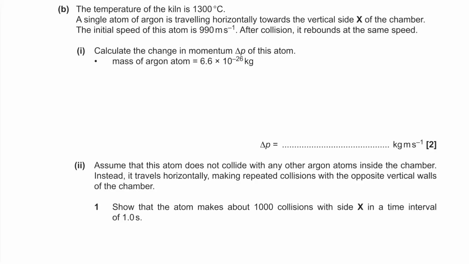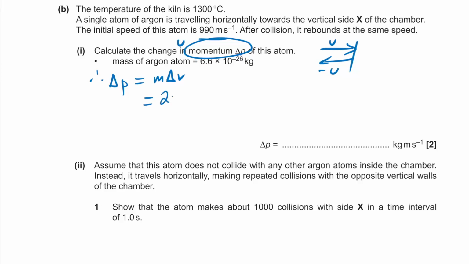A single atom of argon is traveling horizontally towards the chamber. We have an initial speed of 990 meters per second. After collision, we're looking at momentum. So we know that it's bouncing off the wall and coming back. So therefore we know change in momentum is going to be m delta v. Because it's going forward at u and then coming back at minus u, this is equal to 2 lots of mu, or m times 2u, same thing.